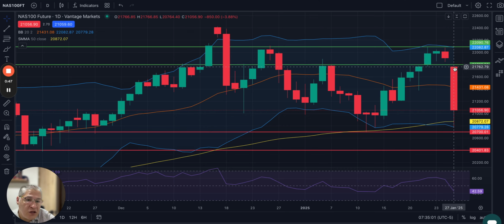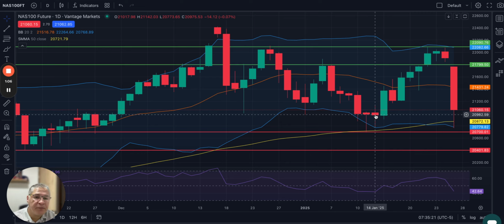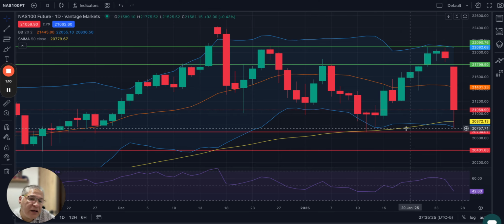In just one move we've retraced 1, 2, 3, 4, 5, 6 candles. And we're not even in the U.S. session open yet. This is all Asian and London session fluctuation.